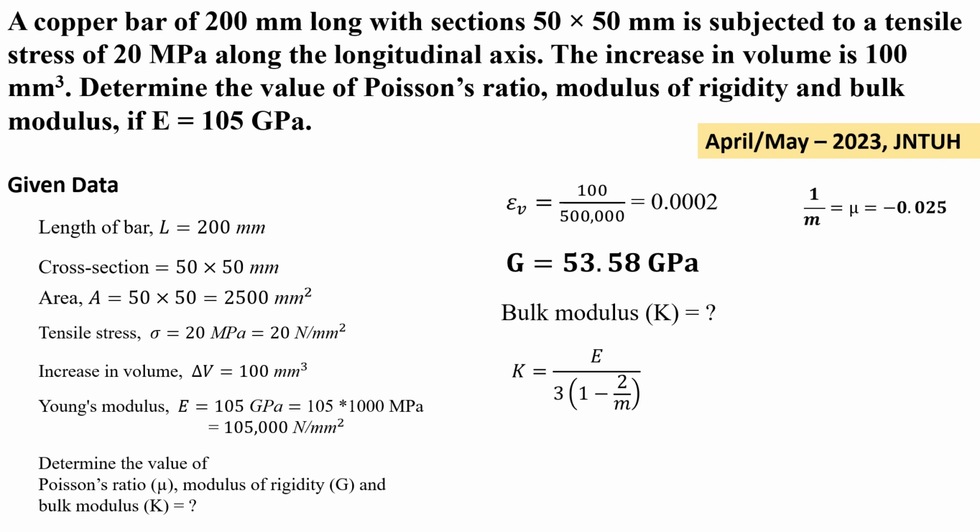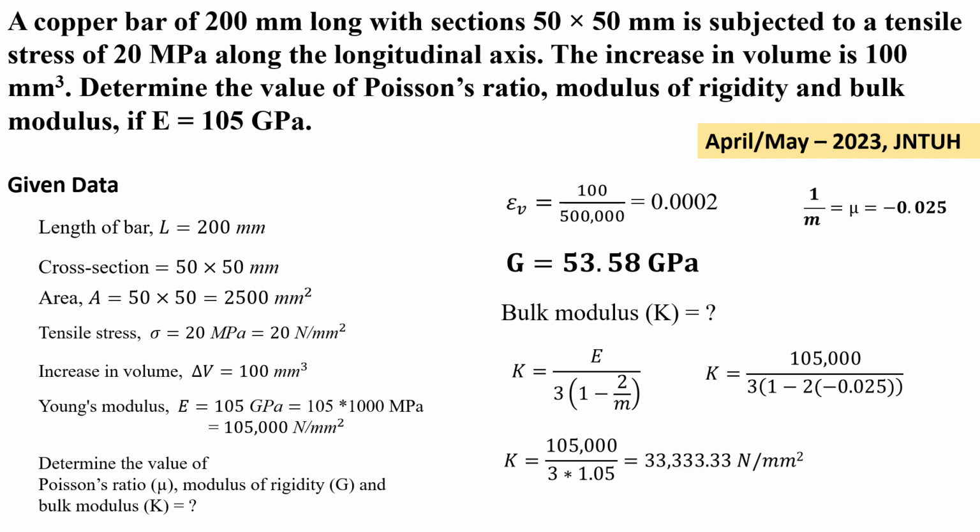Then substitute: K equals 105,000 divided by 3 into 1 minus 2 into minus 0.025. This can be written as K equals 105,000 divided by 3 into 1.05. From this we get the K value as 33,333.33 Newton per mm square. Then the bulk modulus K equals 33.333 gigapascal. So this is the solution, and thank you.